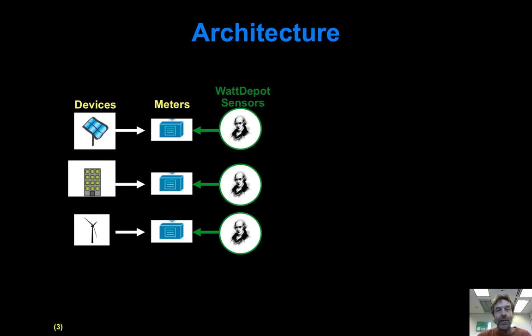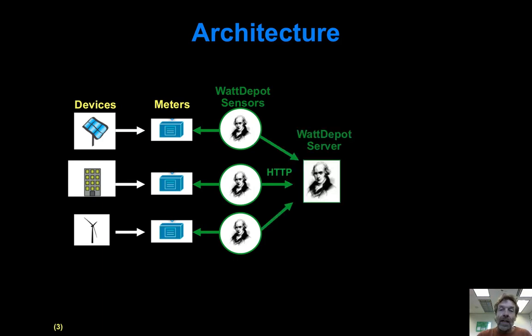And the sensors can be developed in any language. They could be C, they could be Java, they could be anything at all. It doesn't really matter, but it needs to be able to query this particular meter device, which is in turn connected to whatever is generating or consuming power, and then emit HTTP to one or potentially multiple WattDepot servers.